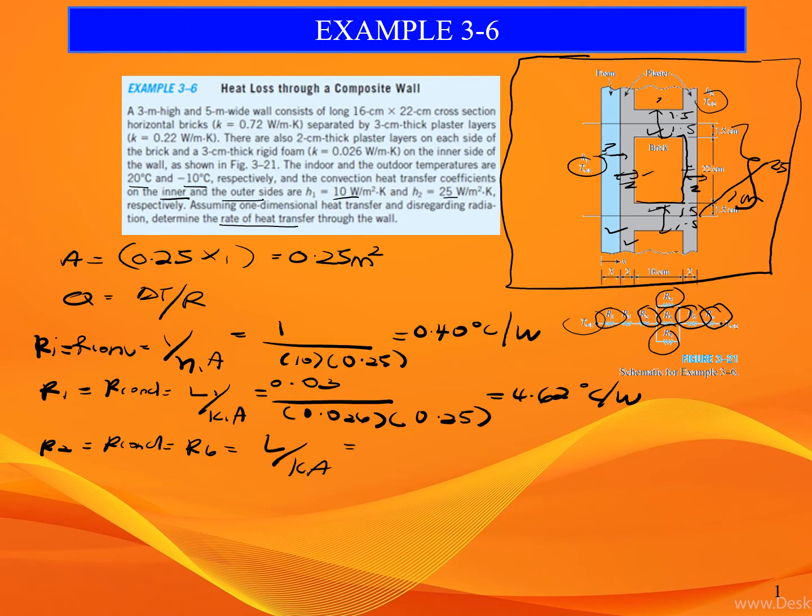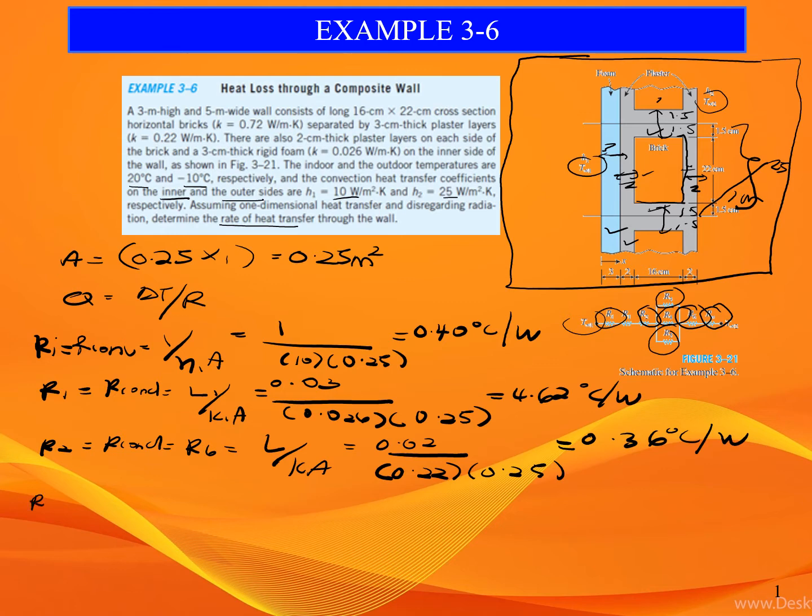The length is the same, which is 2 cm, 0.02, over K. K for plaster is 0.22, times 0.25. So the answer is 0.36 degrees Celsius over watts.